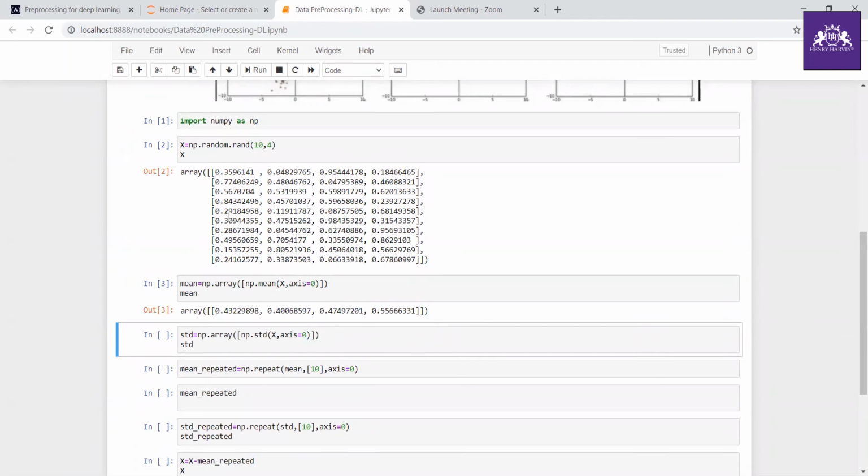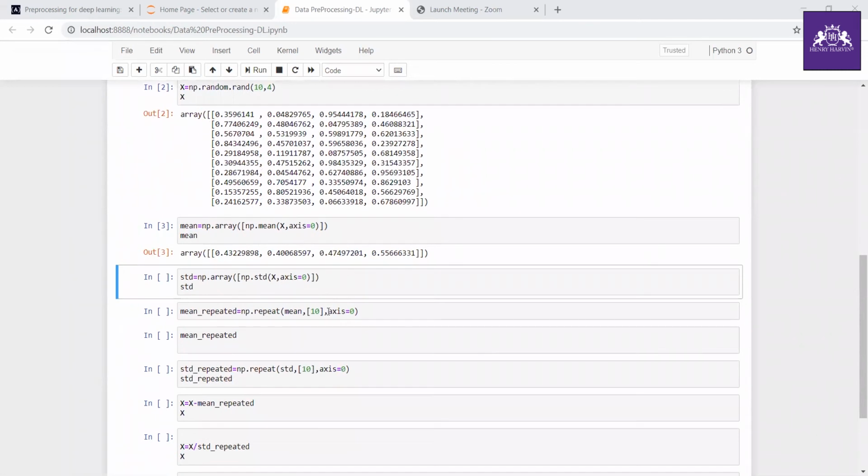For these 10 data points, this will be the corresponding mean. For the next set of 10 points, this is the corresponding mean, and this is the corresponding mean. So I have computed the mean. First I created random numbers of shape 10 cross 4, and then I computed the mean of it.